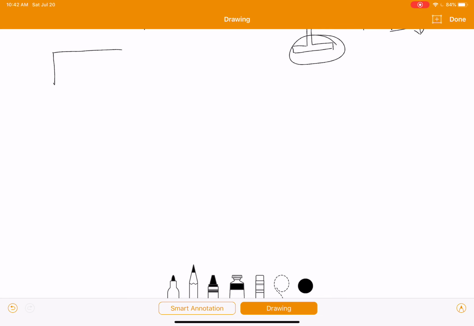So if you have a rectangle, and this is its centroid, that's the x-axis, that's the y-axis. Your moment of inertia is going to be equal to bh cubed over 12.